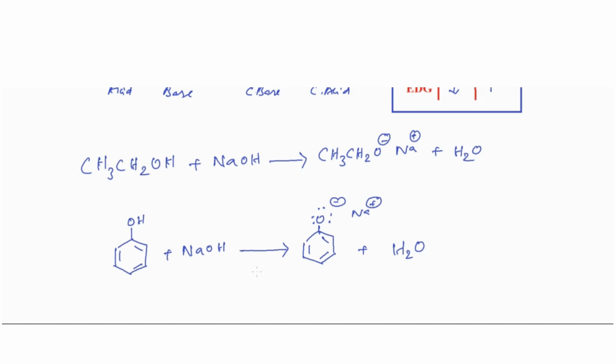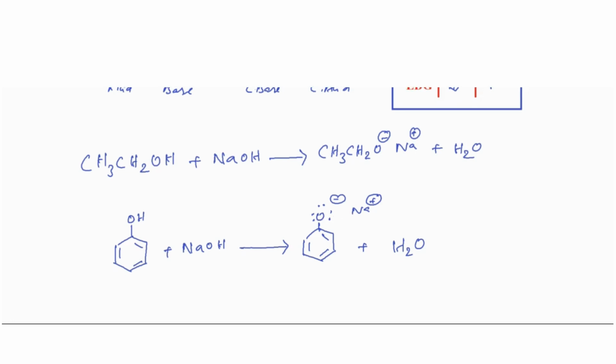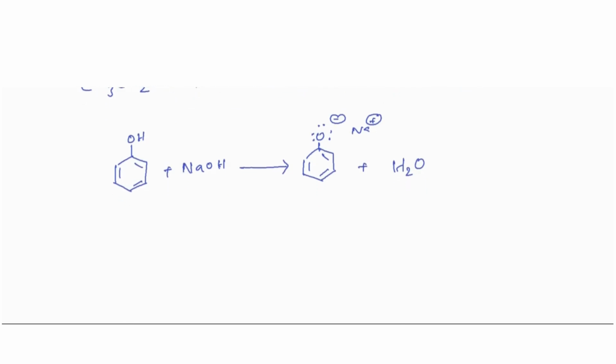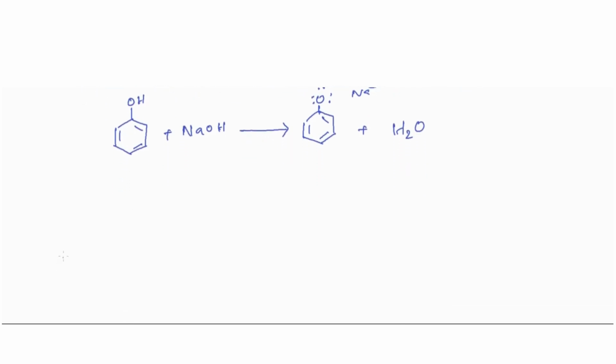Now let us see the phenoxide ion stability. This is the phenoxide ion. This phenoxide ion is more stable than the ethoxide ion.